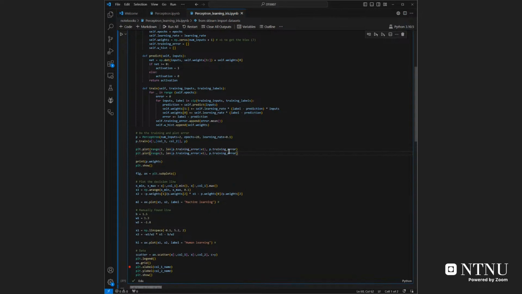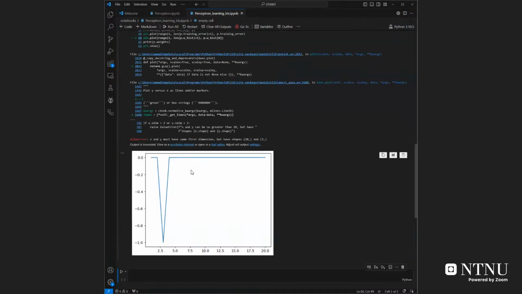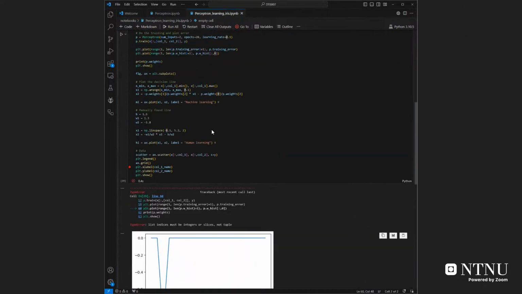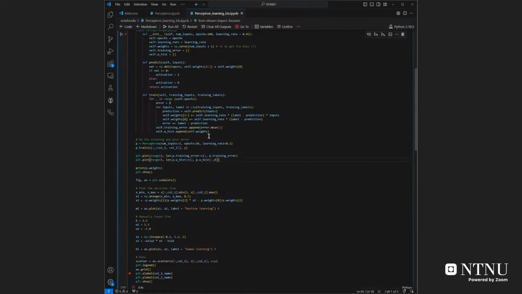Let's see here. Just select. Could just iterate and scatter.